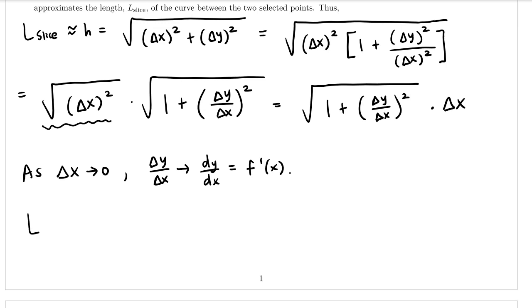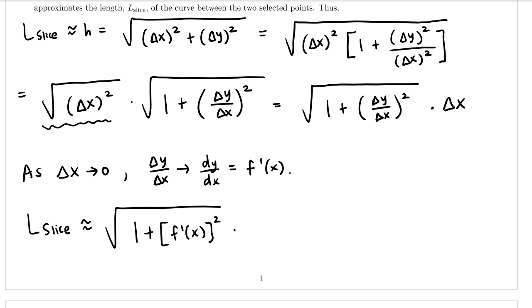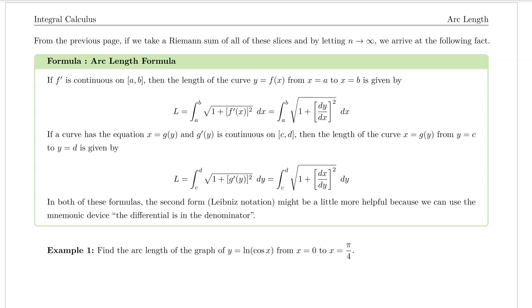Then we have that L slice is approximately equal to the square root of 1 plus f prime of x quantity squared times delta x. From the previous page, if we take a Riemann sum of all of these slices and by letting n go to infinity, we arrive at the following fact.